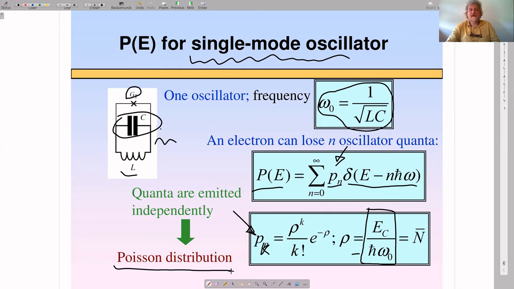What I also want to mention is that this parameter gives the average number of quanta that can be excited in the course of this process.